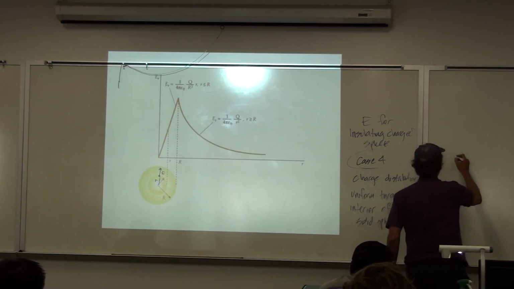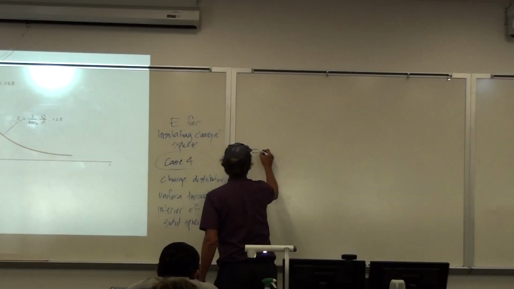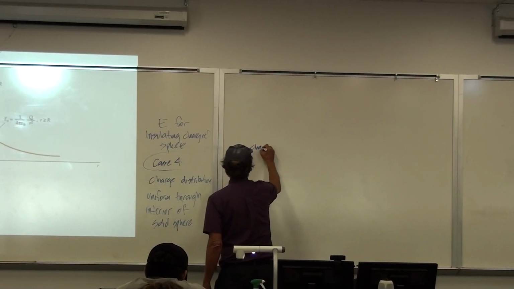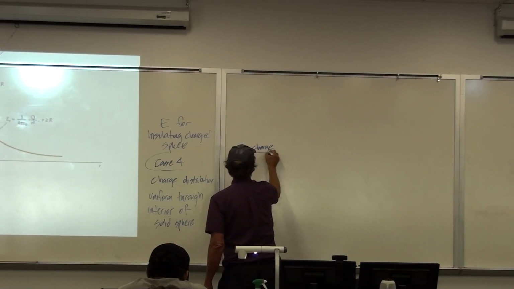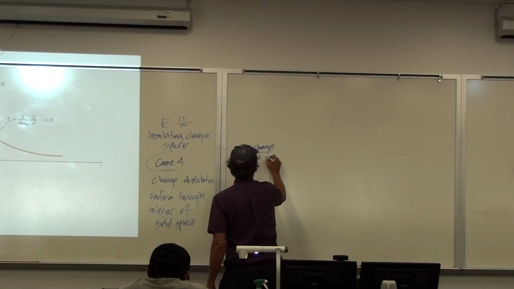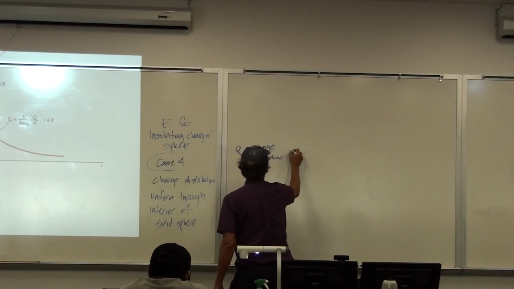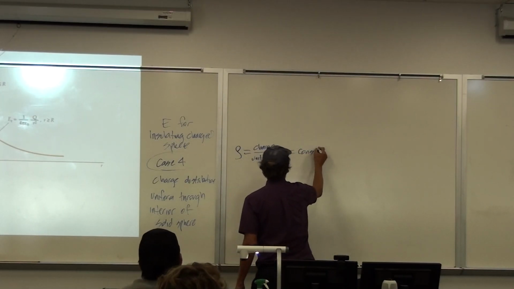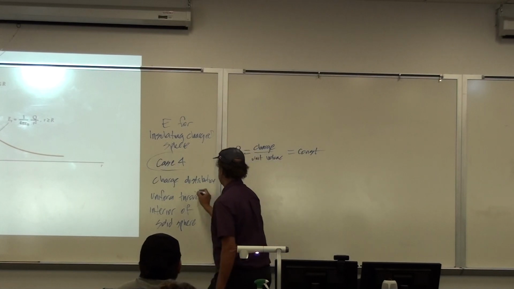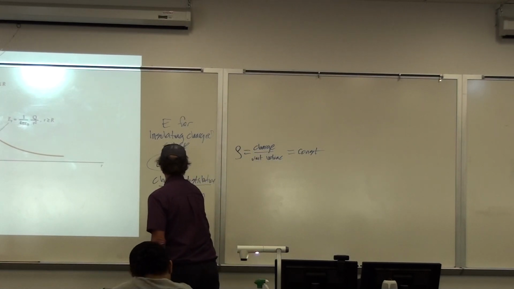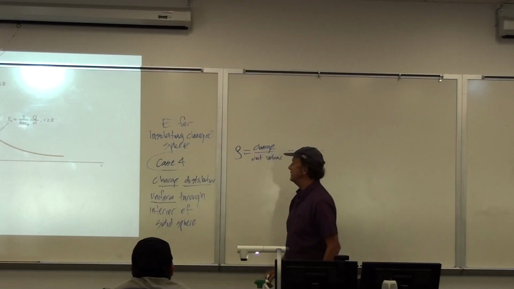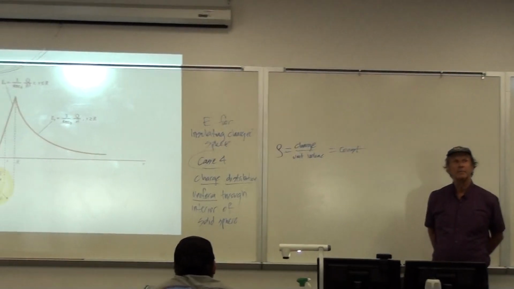Okay, so what we could say then is that the charge density, which we'll define as charge per unit volume, must be equal to a constant if we have a charge distribution that's uniform through the interior of the solid sphere.